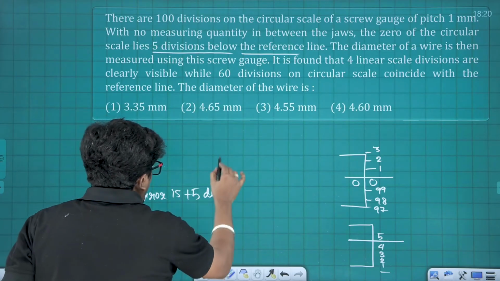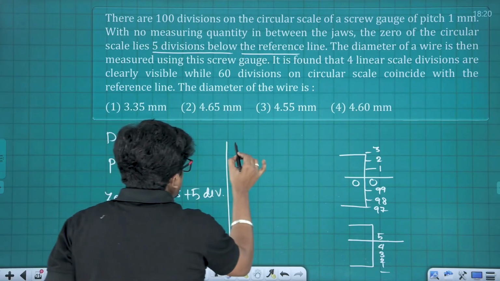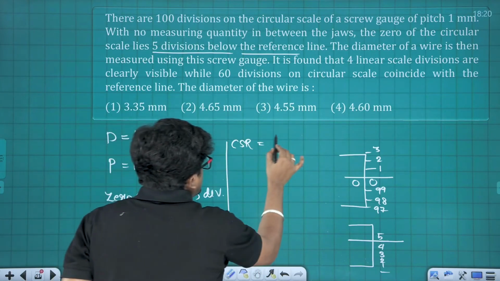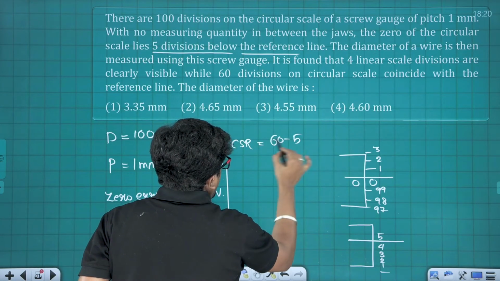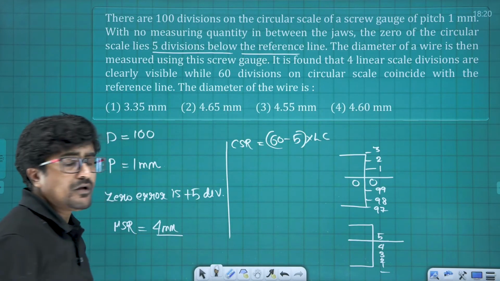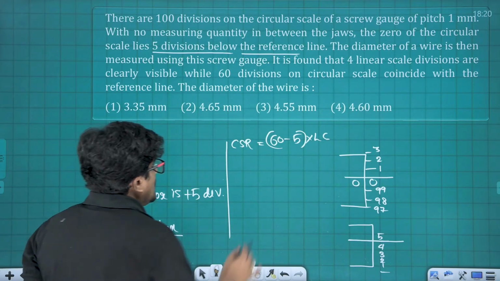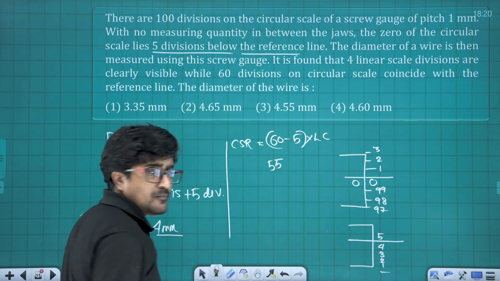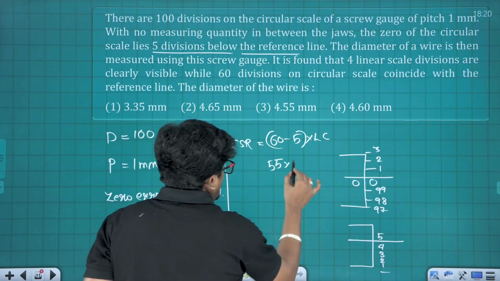Now what about the circular scale reading? The circular scale reading is going to be 60 minus 5, into the least count. 60 minus 5 is 55, into the least count.